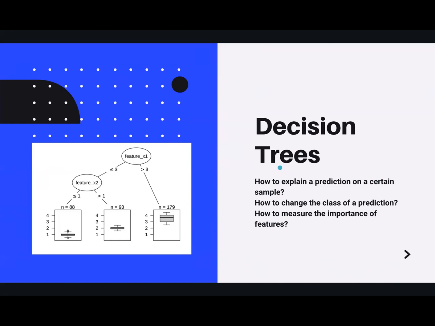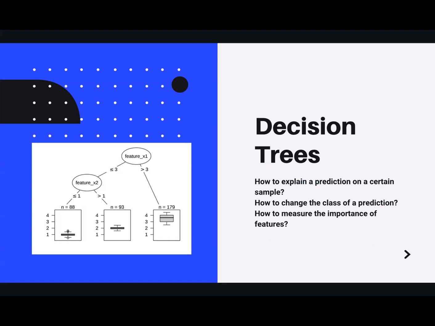The final question is how to measure the importance of different features. So remember, in the scopes of interpretability, we said level 3, global model interpretability on a modular level. It tells us how parts of the model affect the predictions. This is another way to look at it, how to measure the importance of features for a decision tree.